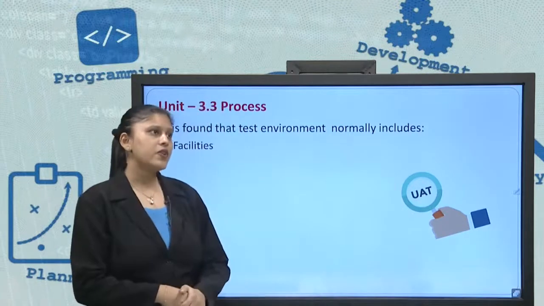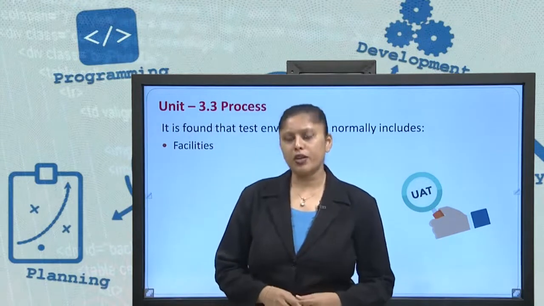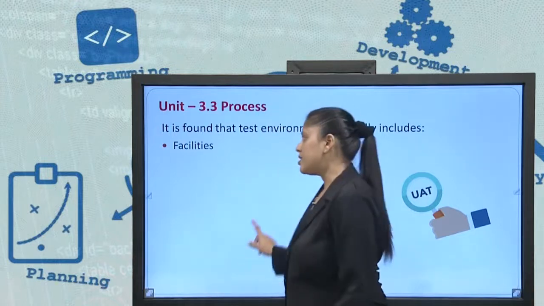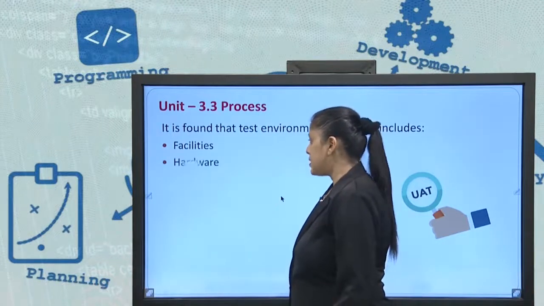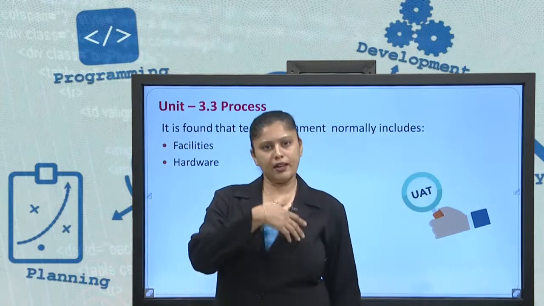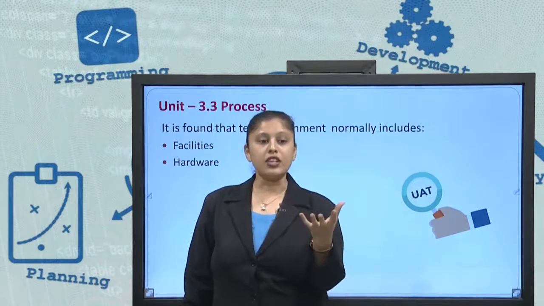All these facilities are going to ease the work of my user, or maybe they are going to be user friendly. Second is hardware, what hardware things the user will need.